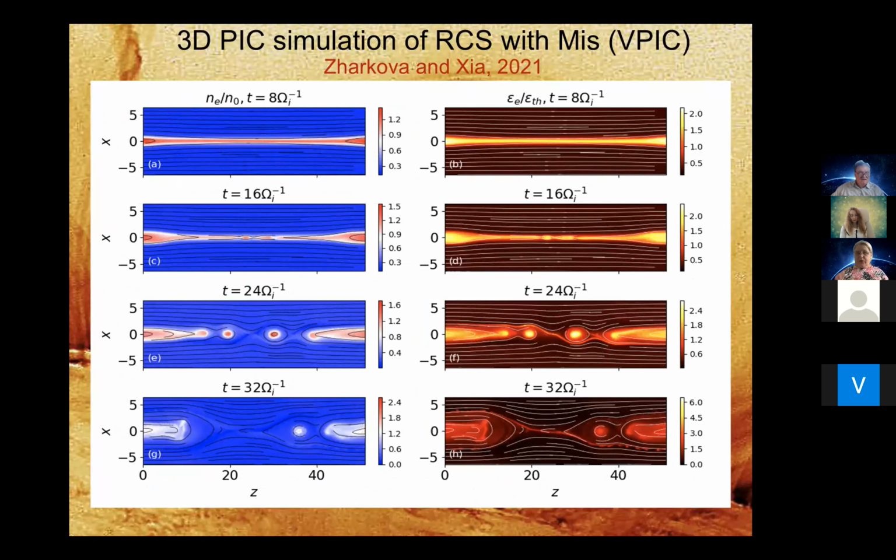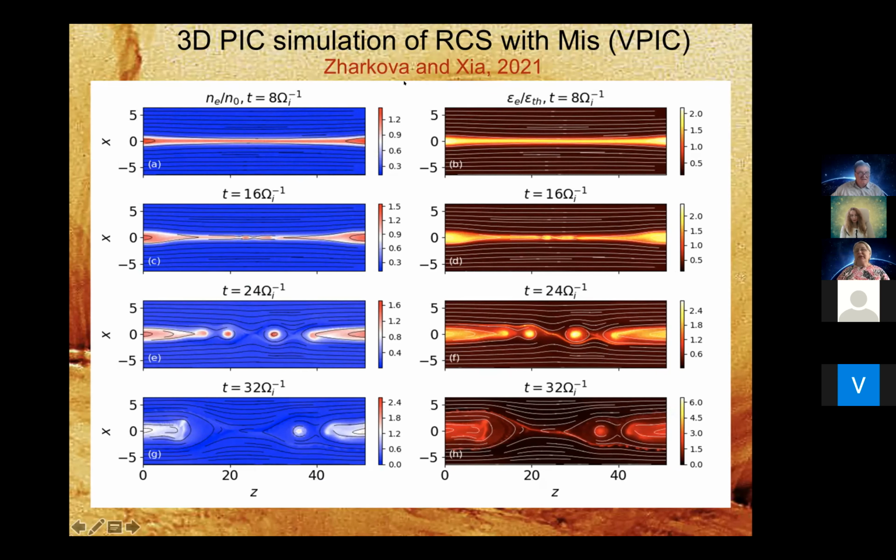And of course, everything said before was about a single axonal point. But we know from observations and simulation that as soon as you allow some disturbance during the simulation of the current sheet, you can immediately obtain magnetic reconnection with magnetic islands. So here we ran 3D PIC simulations with VPIC.